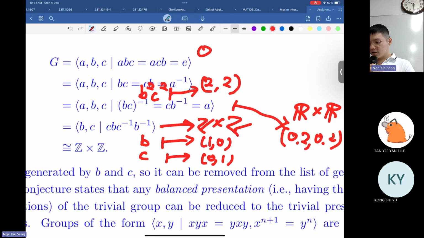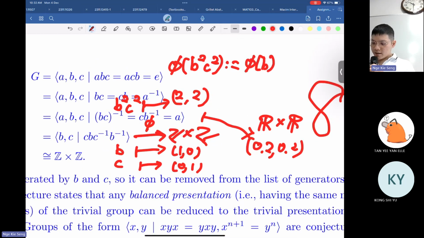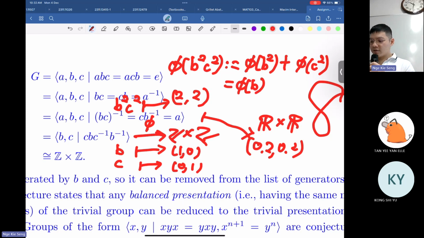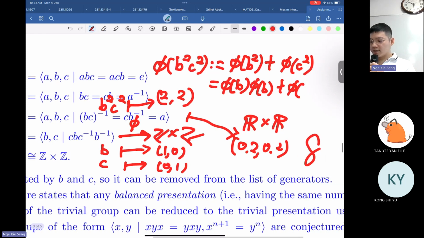Why? Because phi of B squared C squared is defined to naturally extend to phi B squared times phi C squared. But this multiplication here in Z is just addition. And then phi B squared also extends naturally, so it's phi B times phi B. I just define my map on generators, which is enough.